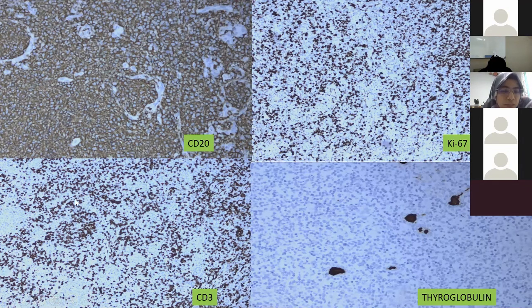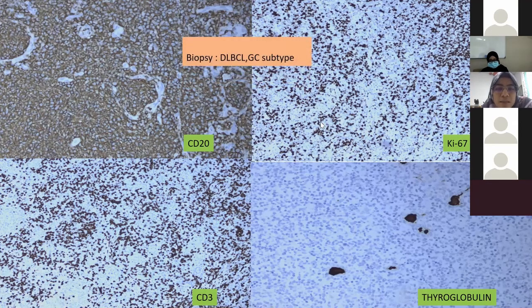However, note that CD3 is also quite prominent in this case, and this case is quite difficult. In fact, we did review this case with Dr. Ahmad Toha together for a discussion session during his visit to HRPZ. So this case was finalized as diffuse large B-cell lymphoma, germinal center subtype. I didn't mention the other markers.